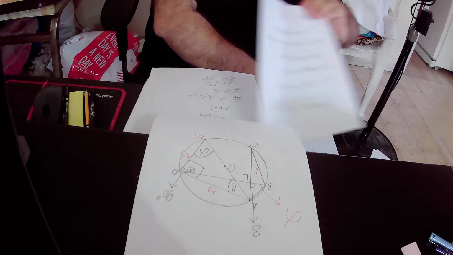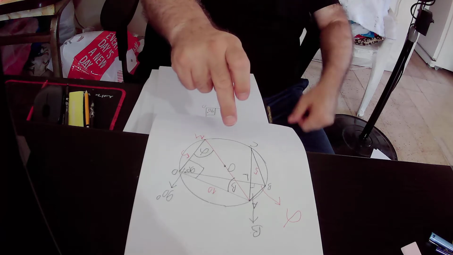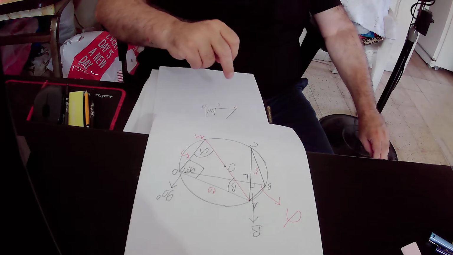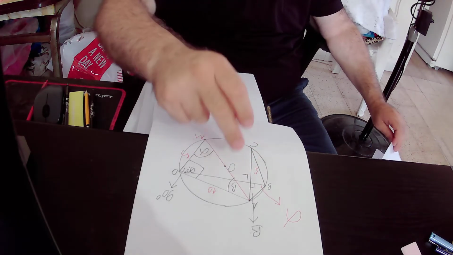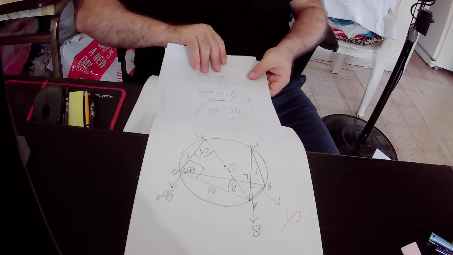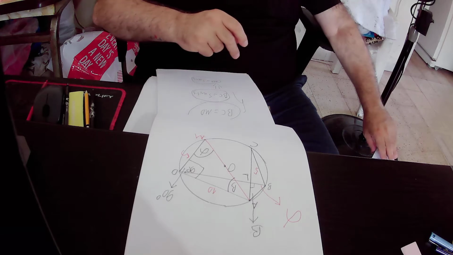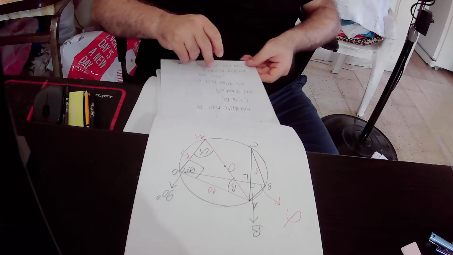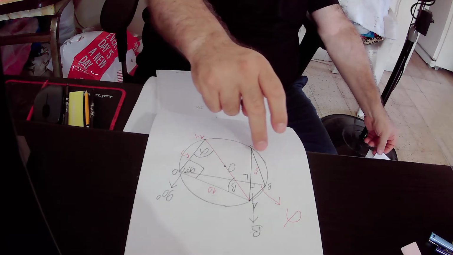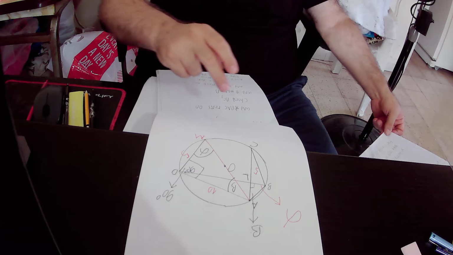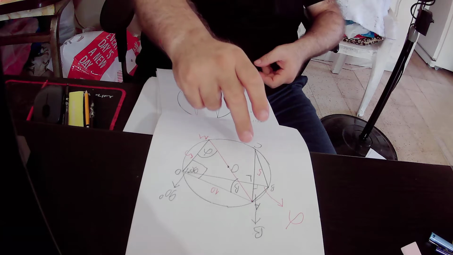We know that the center of this circle is at point O, chord AD equals 10 units, chord BC equals 5 units, and we also know that angle ALB equals 90 degrees.